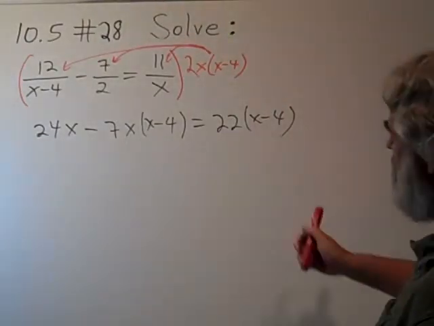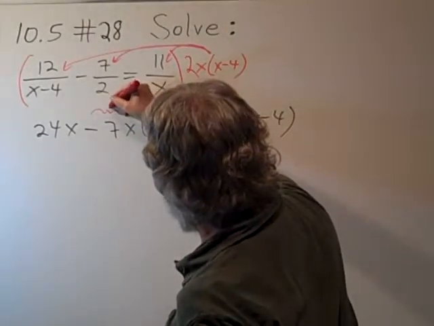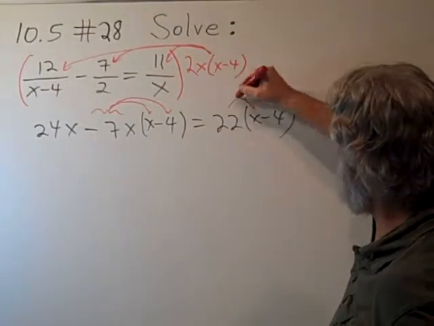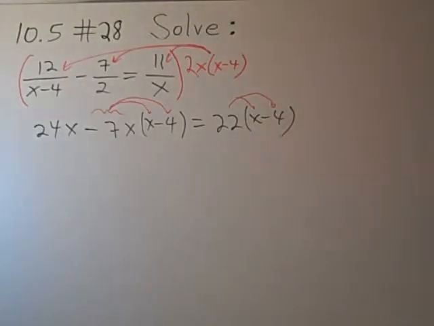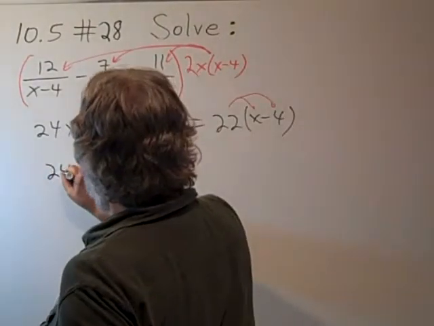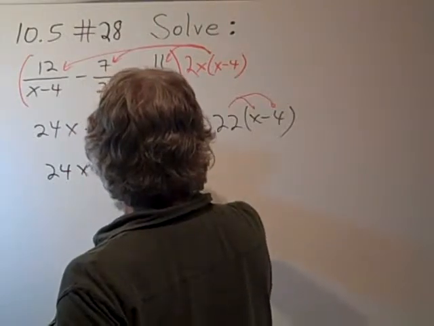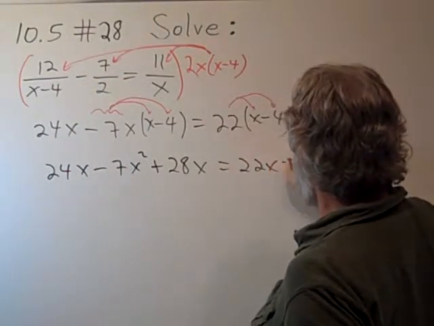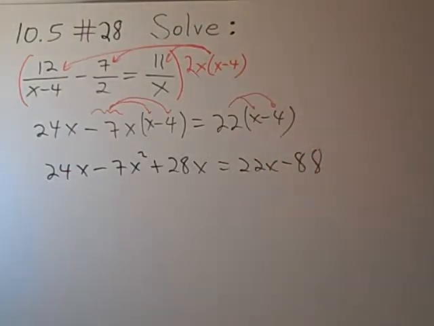Now distribute. Negative 7x distributes through the parentheses here, and 22 distributes through the parentheses over there. So we get 24x minus 7x squared plus 28x equals 22x minus 88.